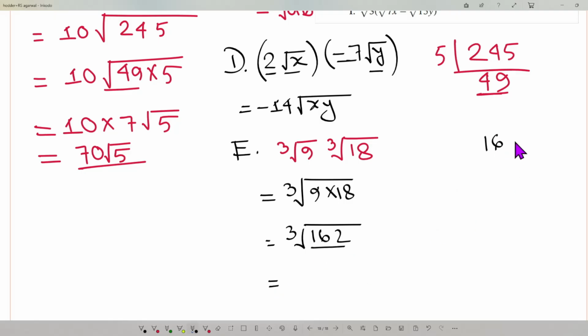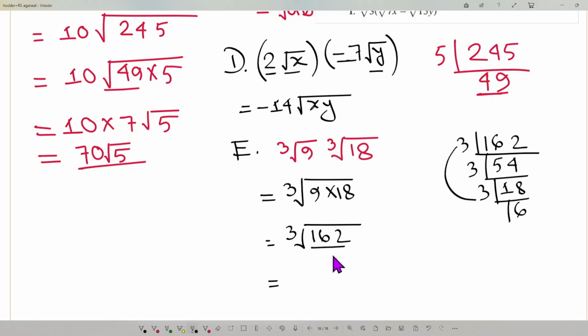How? Here is 162. We can divide this by 3, so here is 54. Again we can divide by 3, so here is 18. Now we can divide by 3, here is 6. We can stop now because here is 3. It means cubic root 162, we can write as 27 times 6.